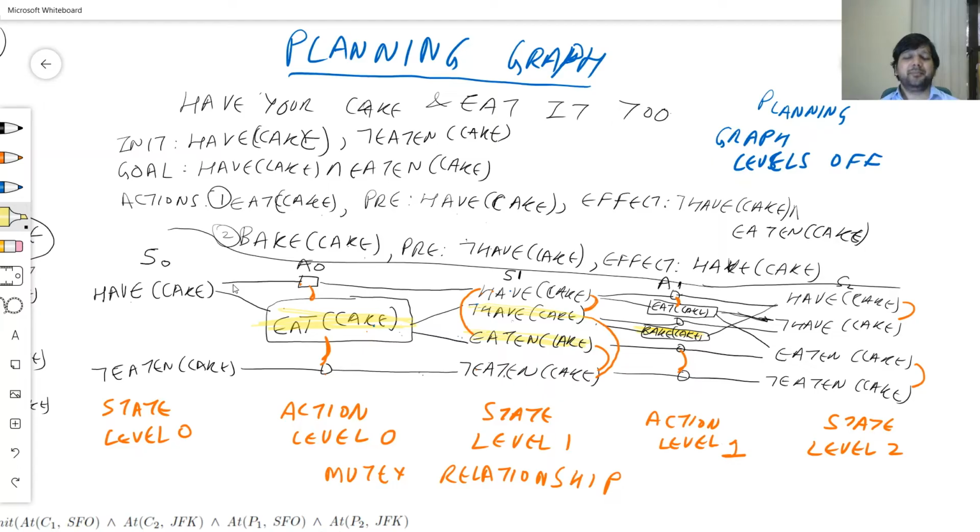I need to select one action out of every two actions that have a mutex to each other, and if I select an action, the precondition of it has to be true. If I select an action, then its effects also have to be true. Guess what? This is nothing but a constraint satisfaction problem.